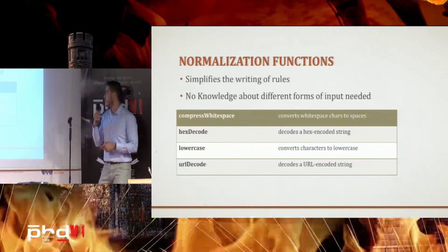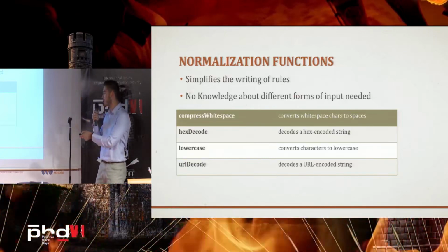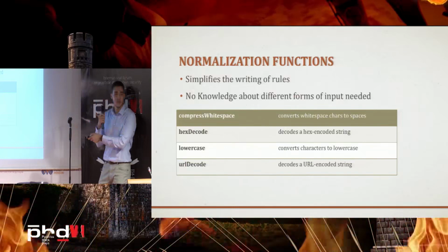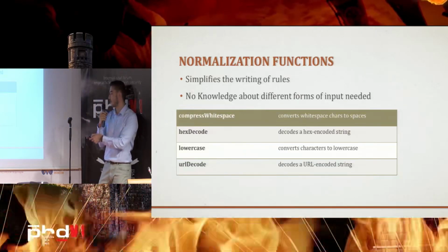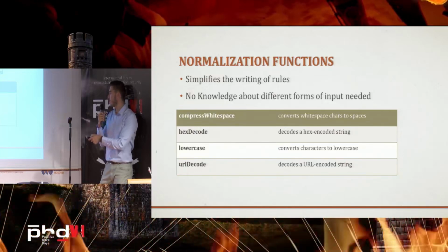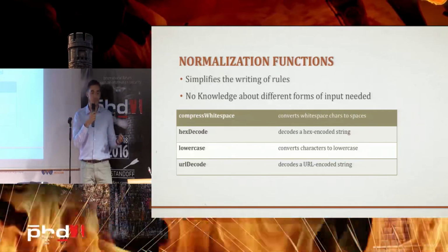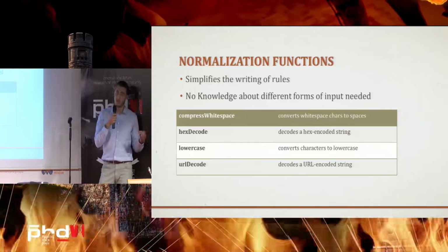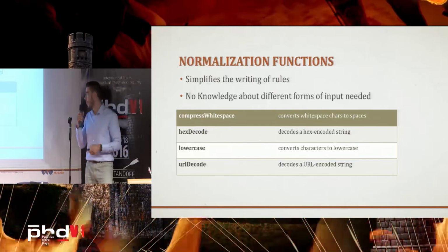So, for example, we have here 4 different normalization functions. They are used by ModSecurity, which is a very famous open source web application firewall. For instance, we have the compress whitespace function. It converts every whitespace character, like end of line or new line and so on, to a normal space.